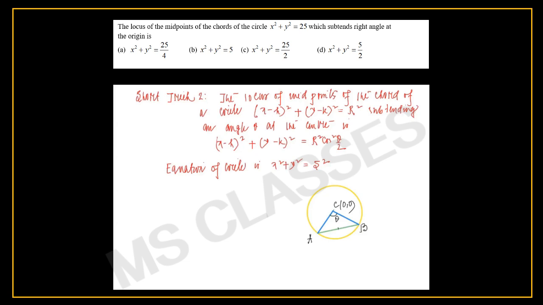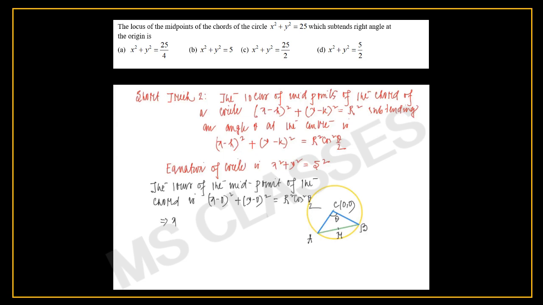The midpoint here is M. So we can write the locus of the midpoint of the chord as x minus 0 whole square plus y minus 0 whole square equal to r square cos square theta by 2.